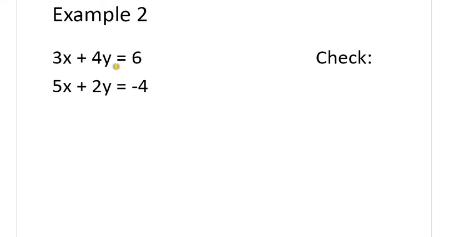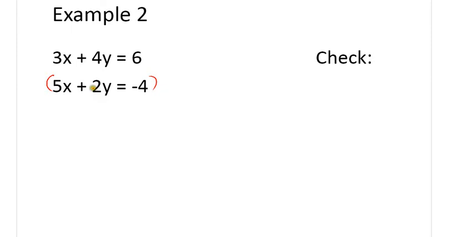So what I'm thinking to myself is this actually doesn't seem like I should be able to use the elimination method. But in fact I can, because I can multiply the entire equation by some number. The equation stays balanced, and if I multiply by the right number, I will end up getting a coefficient for either x or y that are the same or additive inverses.